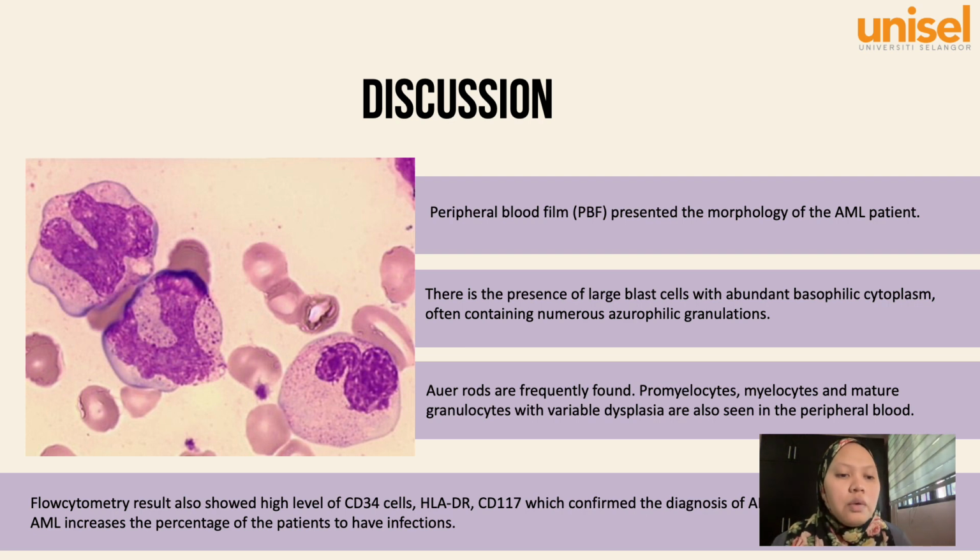and it increases the chance of the patient having infections. Once the patient has AML and the blood cells are not normal, there are abnormalities to the white blood cells, to the cells of the blood, and this increases the chance for the patient to have infections, because the white blood cells cannot perform their routine jobs and become abnormal.